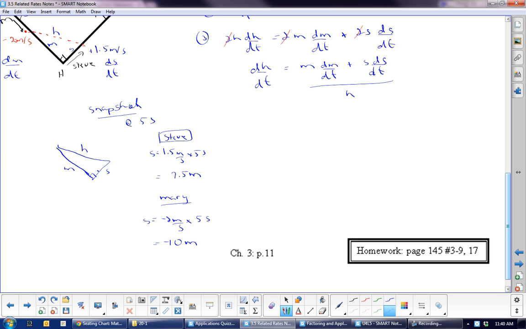So I've got this as 7.5. Mary's side would be what? See, Mary has done this. Does everybody understand that Mary has done that? So what's M?